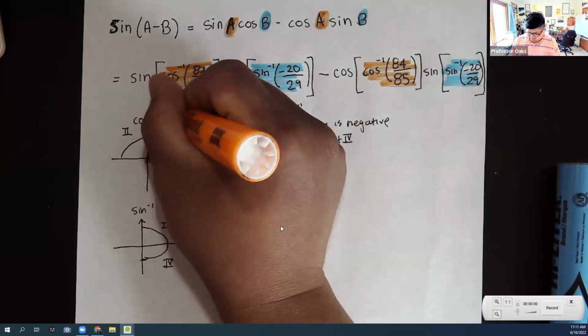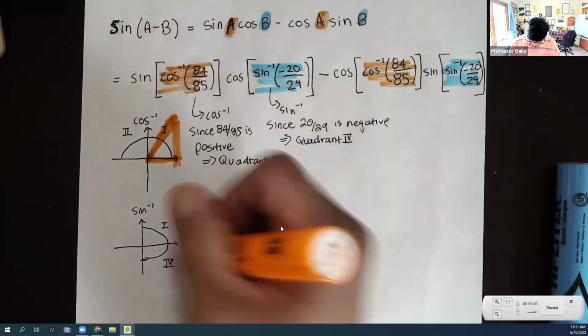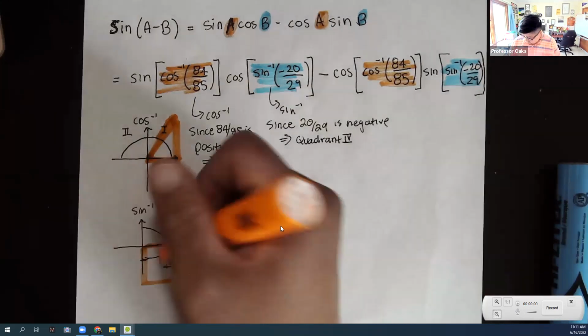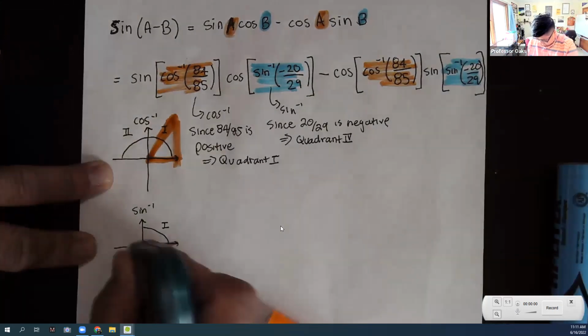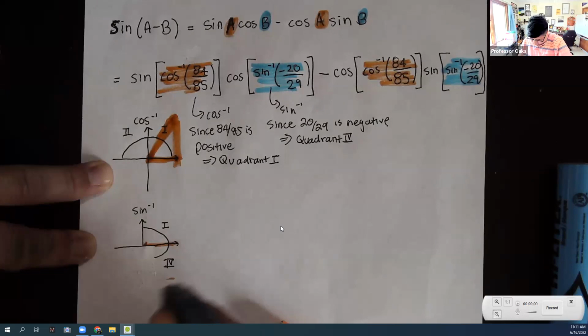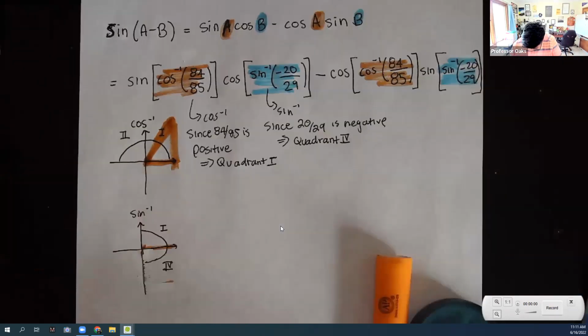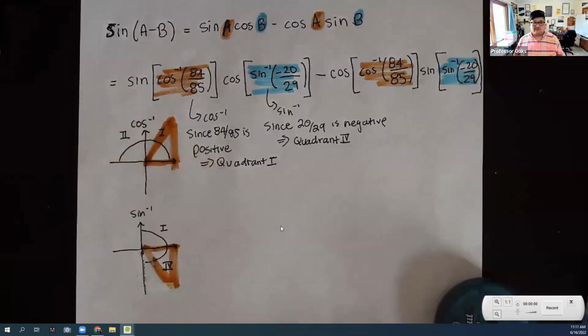But then for the sine inverse, since the 20 over 29 was negative, we're going to draw the triangle like, I shouldn't have done that. Sorry. This is okay. We're going to draw the triangle like this. So do you have any questions so far?